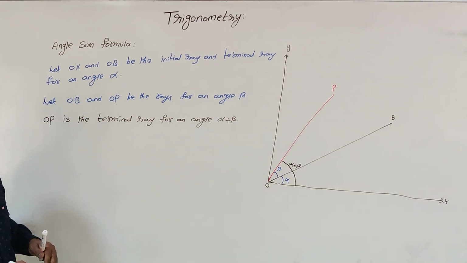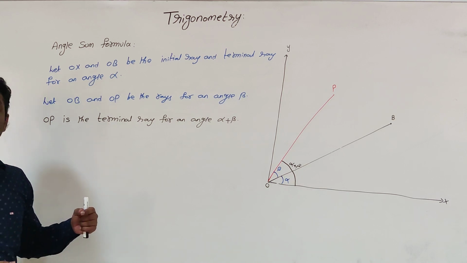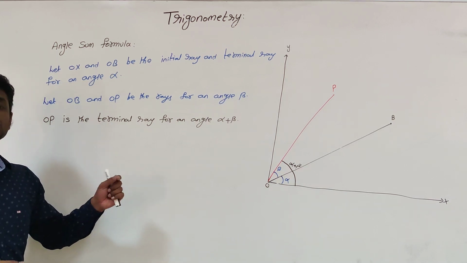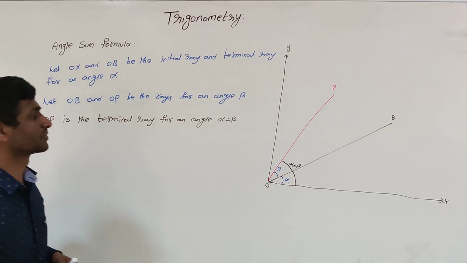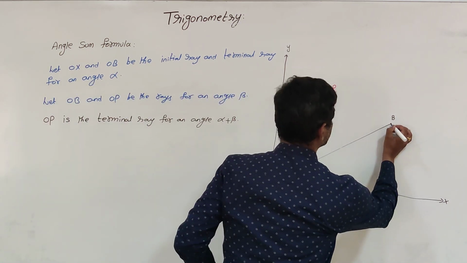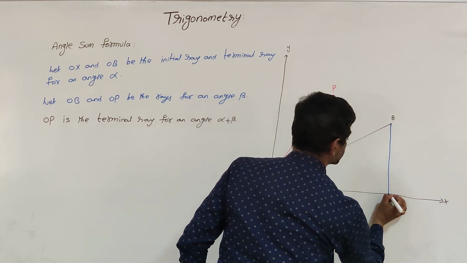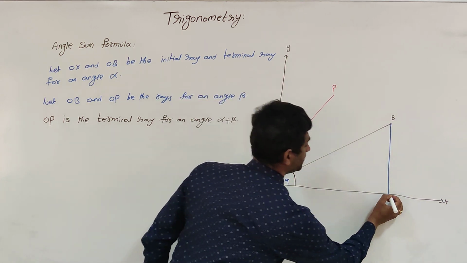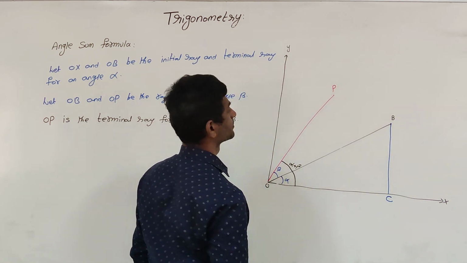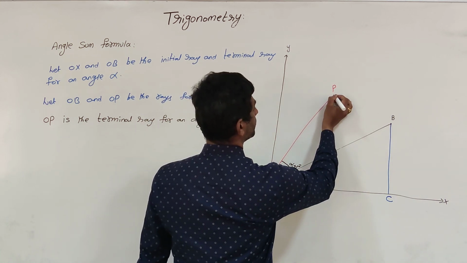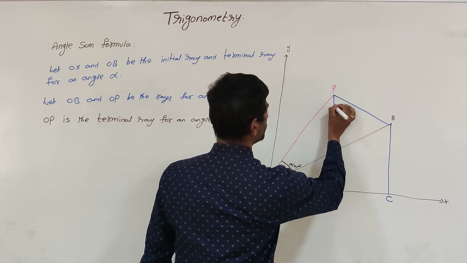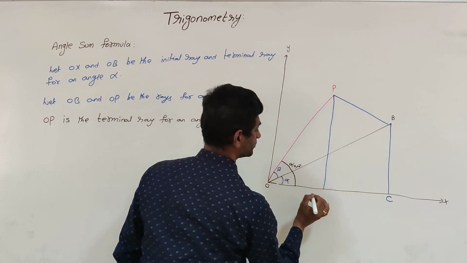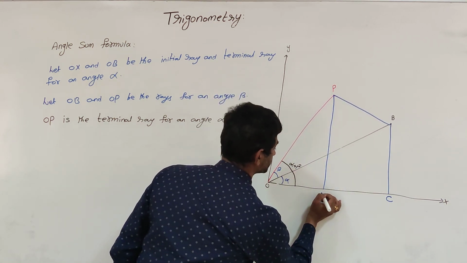Now, in order to find the trigonometric ratios for alpha plus beta, we have to draw perpendicular lines. So, draw a perpendicular line from B onto the x-axis and meets at, assume, C. Similarly, from P onto the x-axis, that is assume A.